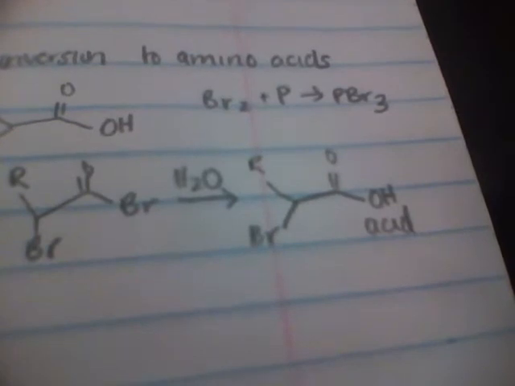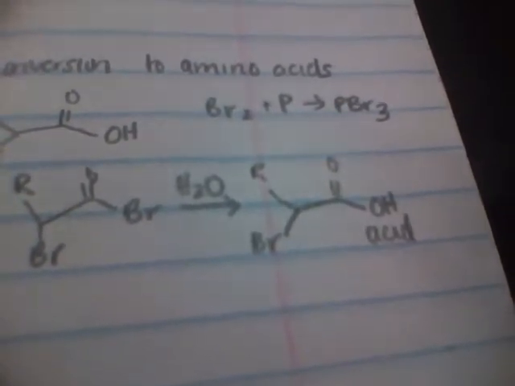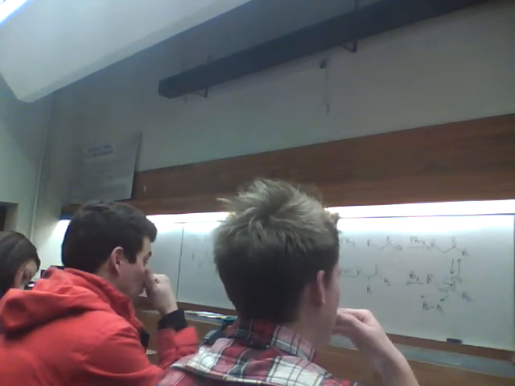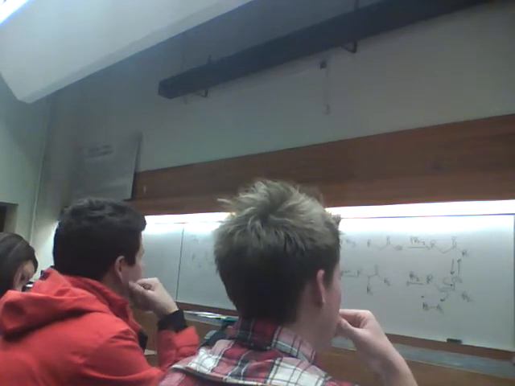Now, one of the reasons why an acid bromide enolizes much, much more readily than the carboxylic acid is that the acid proton in the carboxylic acid is removed preferentially over the alpha position.